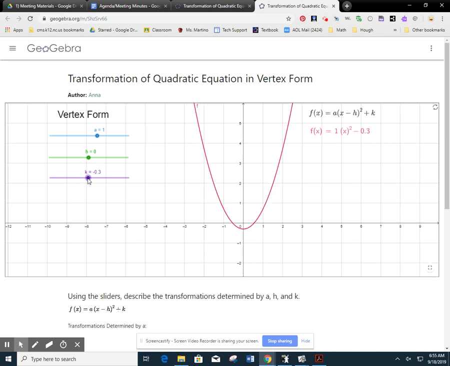So if we take a look at a function, imagine if a is 3, h is 2, and k is 1, what that would look like. A is 3, h is 2, and k is 1.